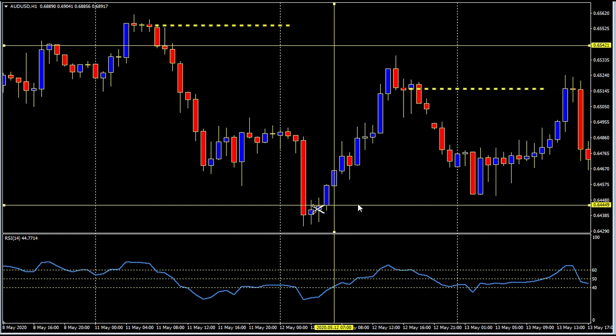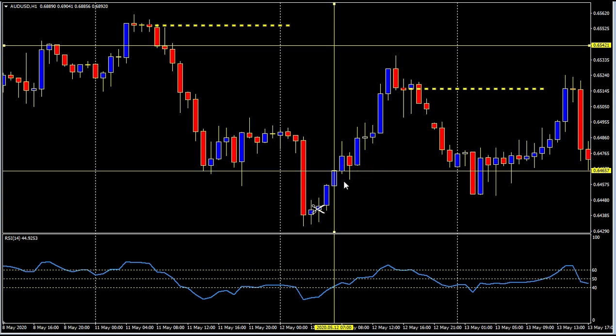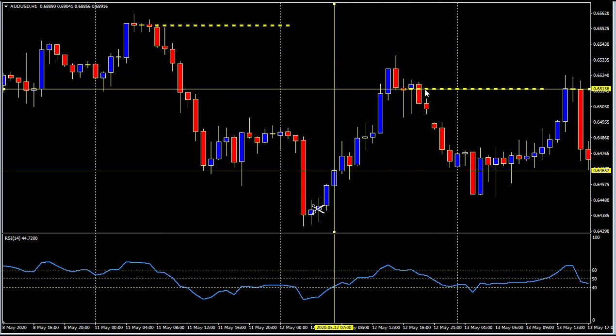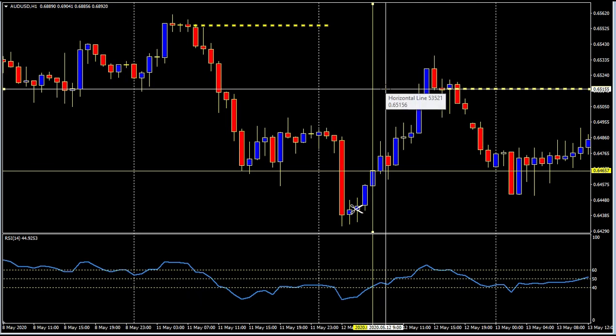And then you buy here at the open of the next candle, and then you get out here when you see the red dot of the resistance. So you make a profit of 49 pips here. Okay, so this is how you trade the RSI. See, we have not made any stop loss.